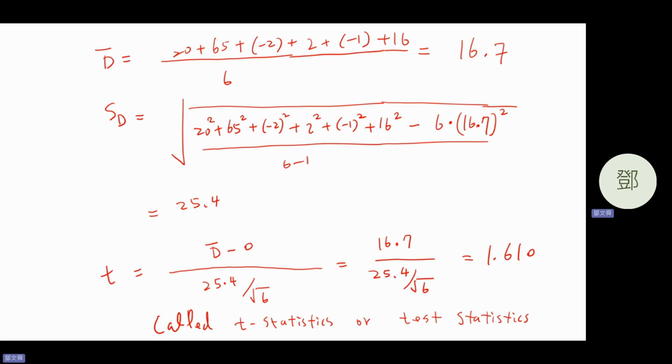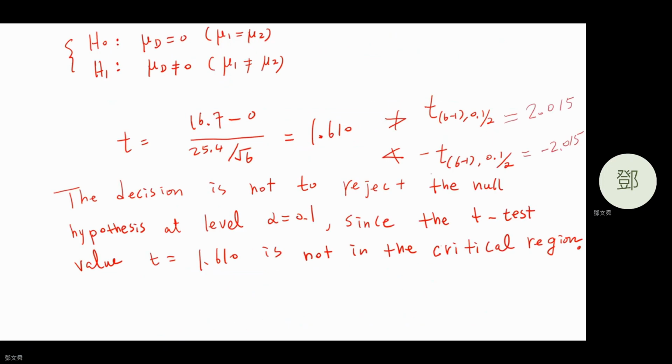So what is the critical value? This is the null hypothesis and the alternative hypothesis. The T value here is 1.610. It is neither bigger than the critical value, nor smaller than the minus critical value.